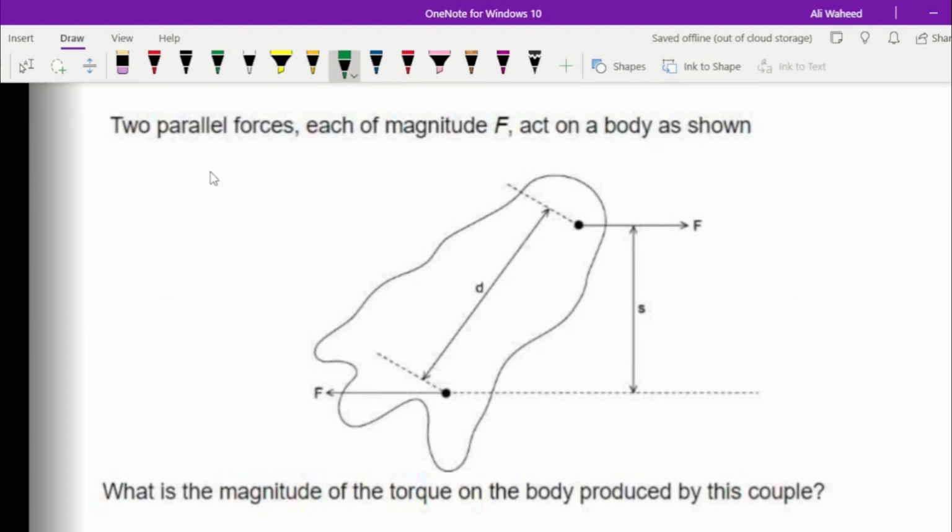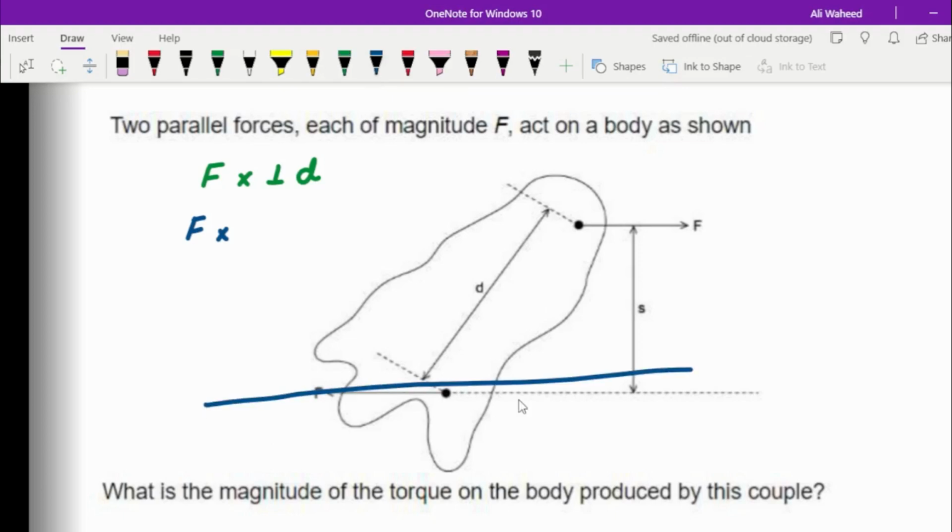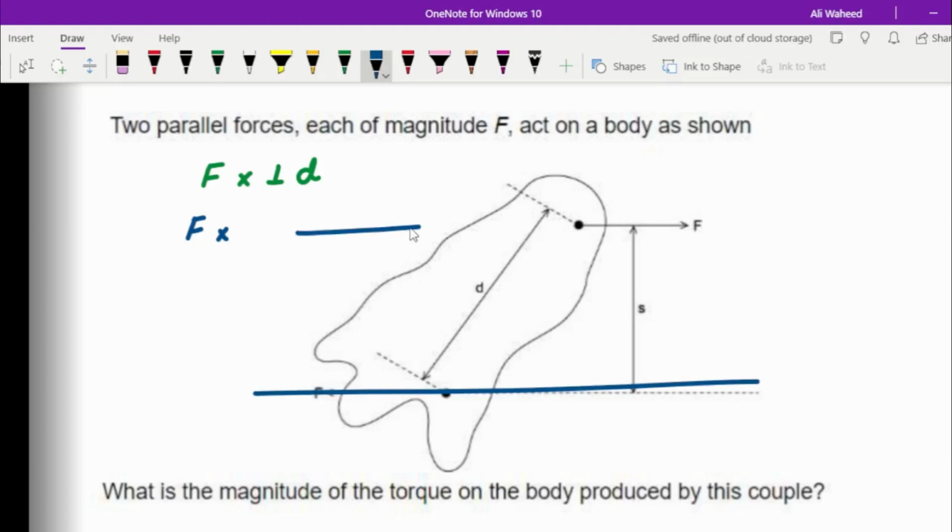So in order to find the couple, we have the same formula. One of the forces times the perpendicular distance between the forces. So you have 2 forces, one at the top, one at the bottom. Which one of these 2 do you use? Any of it. So I'm going to use the upper one, F, times what is the perpendicular distance between these 2 forces. So you see the line of action of the lower force is this one, and the upper force is acting along this line, and they have shown 2 distances.